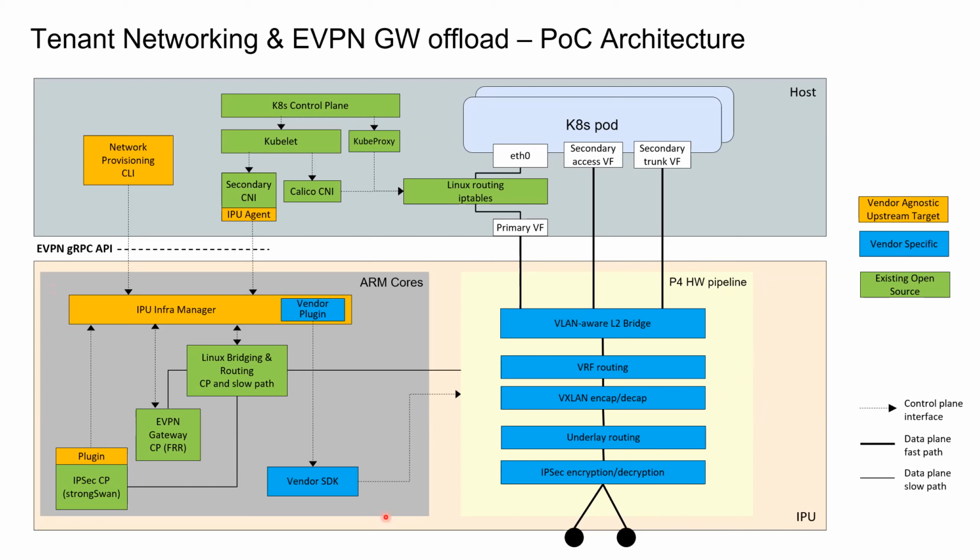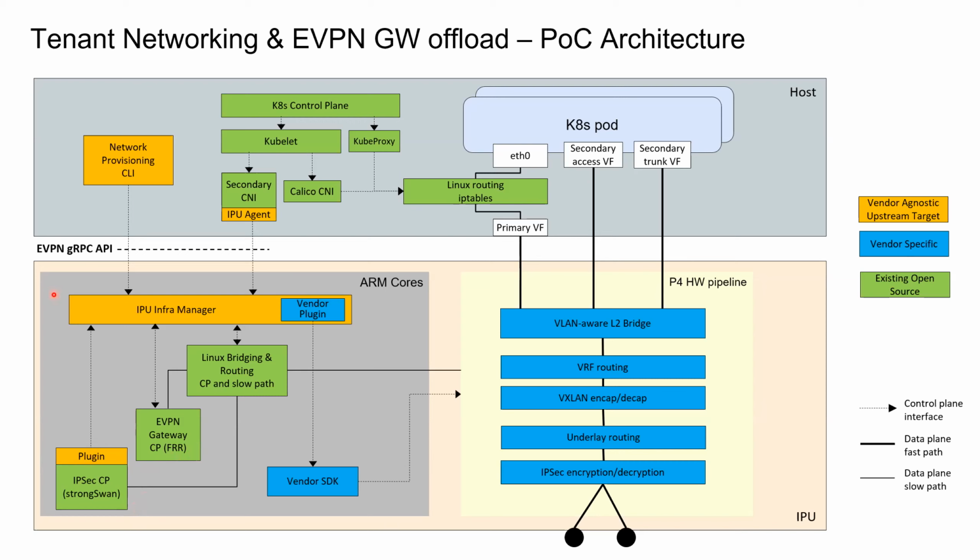And this is Linux. So we have several existing open source control planes there: Linux bridging and routing for the actual control plane and slow path implementation. We have FRR as an EVPN gateway control plane for BGP. And we also have strongSwan as an IPsec IKE control plane.